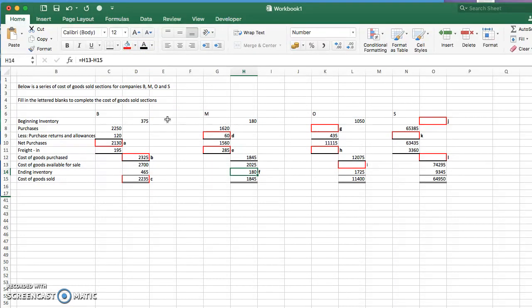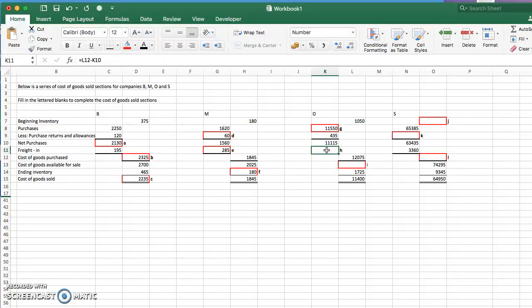And then for company O, the first figure we need to find is purchases, and we do that by adding the purchase returns allowance, which is the 435, to net purchases, the 11,115, and that gives us 11,550.